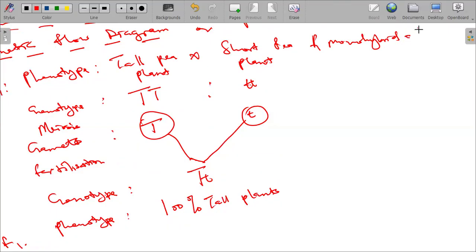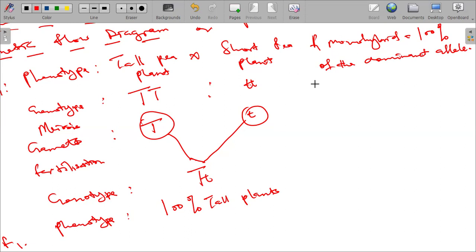The F1 of a monohybrid cross is always 100% of the dominant allele in question. As you can see, we are talking about F1 from pure breeds.